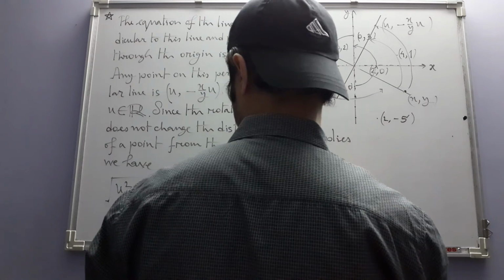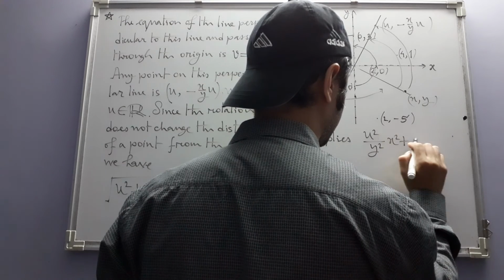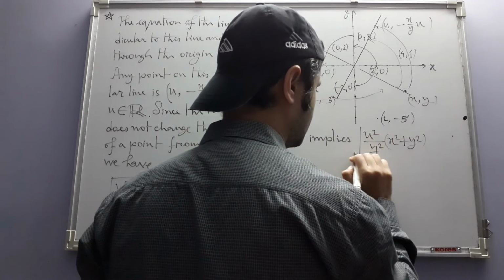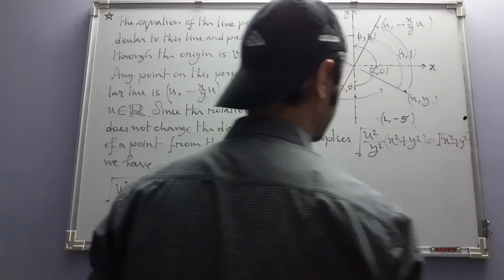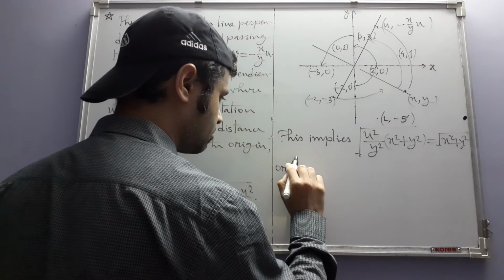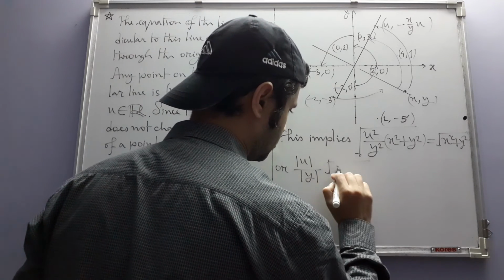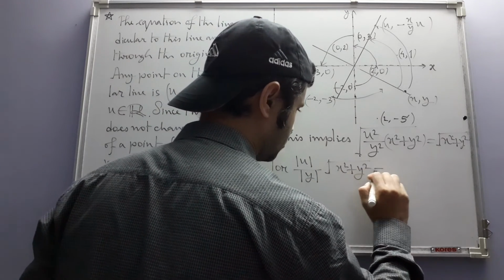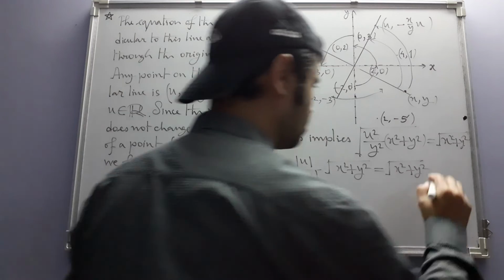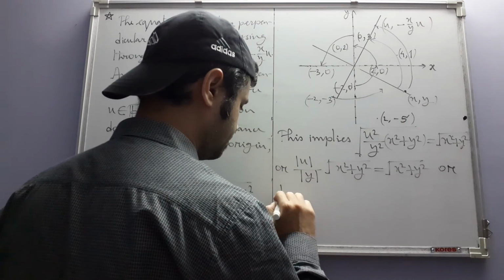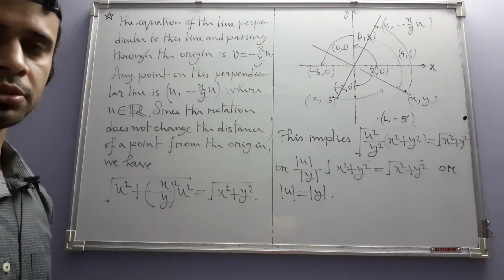Or in fact, let's write one more step: u square divided by y square times this, or mod u equal to mod y.